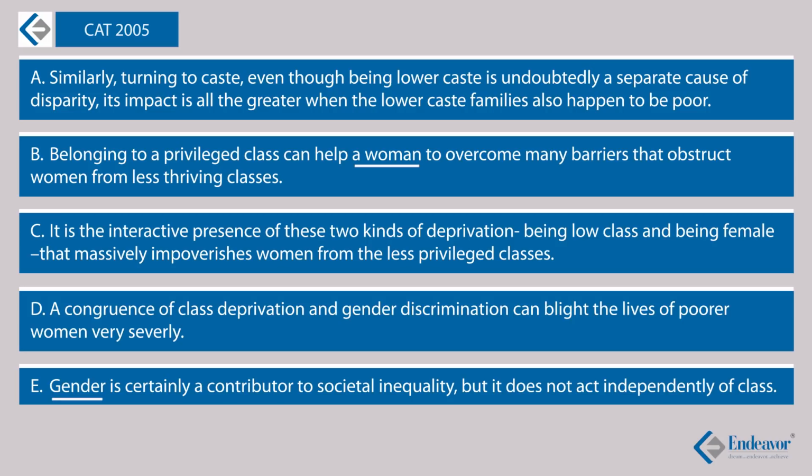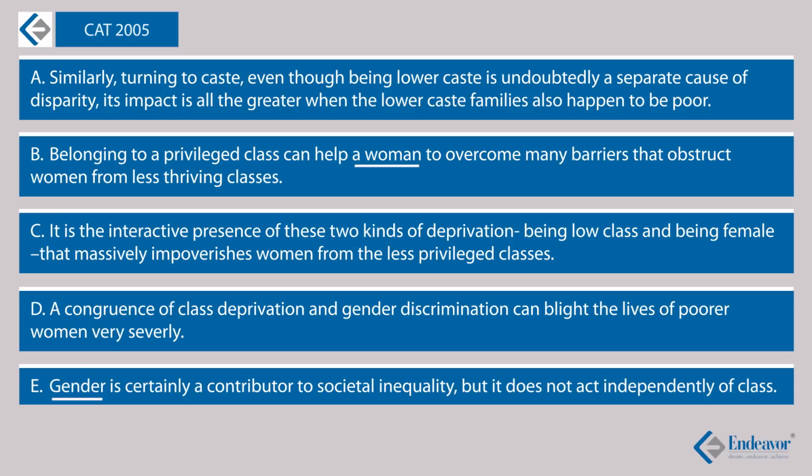If you carefully look at sentence B, there is an indefinite article a before the subject woman. Hence, E, B become a link because we are talking about a woman in general sense who belongs to privileged class that helps her overcome many obstacles as compared to the women from underprivileged classes. So, EB is one link we found, and then let's try looking for some other link.